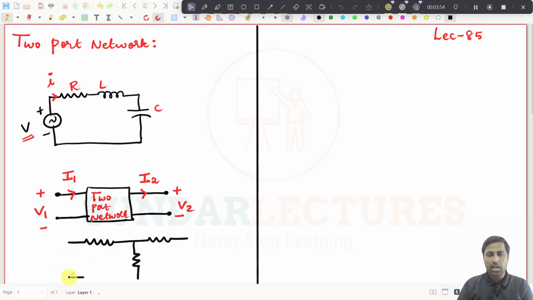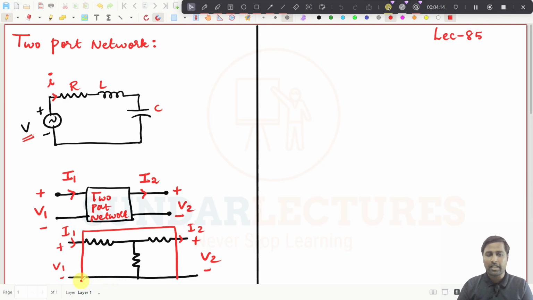The common point, this is plus minus V2, this is I2, and this is plus minus V1, and this is I1. What is in the two-port network is nothing but the parameters inside, maybe Z1, Z2, Z3, whatever it may be.